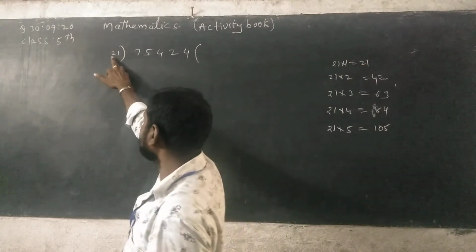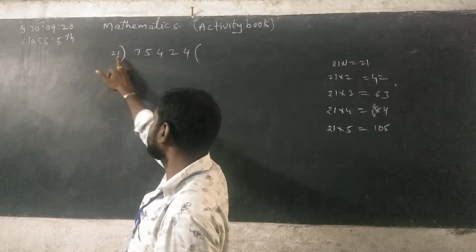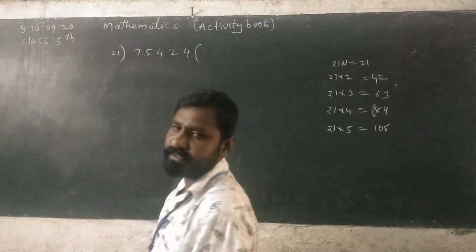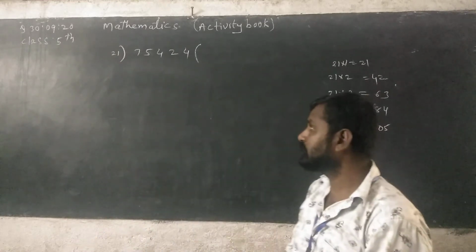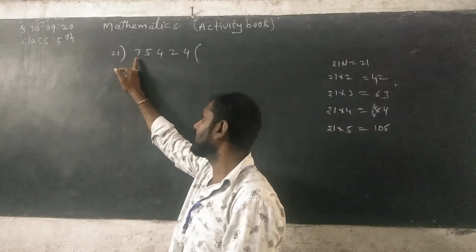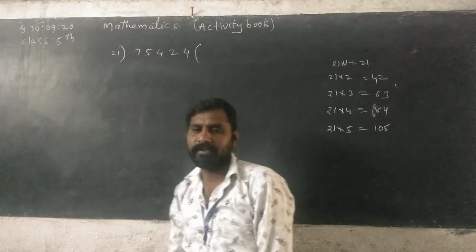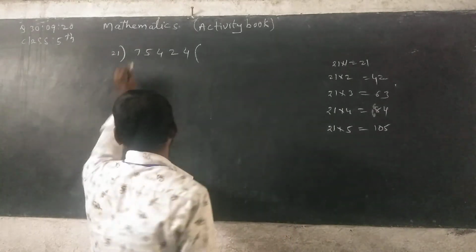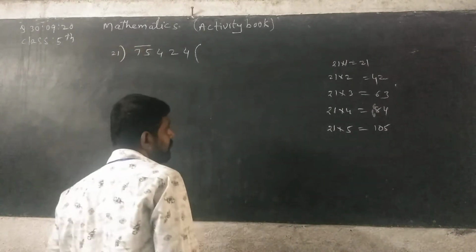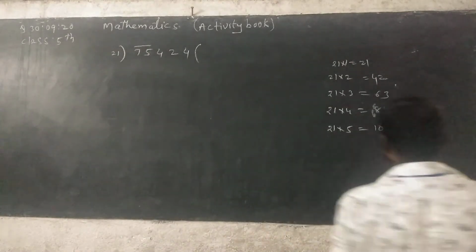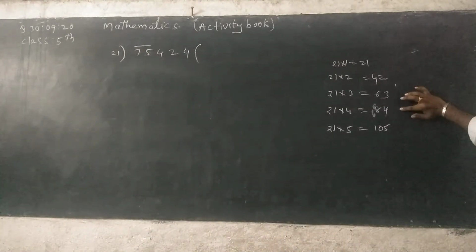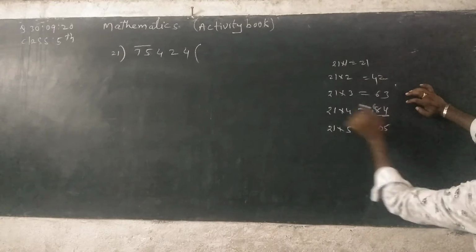So this is 21. From the left side we have to take 2 digits. If we take the first place 7, 7 is less than 21, it is not possible. Then you can take 2 digits from the left side, that is 75. See here where it is possible. 21 threes are 63, 21 fours are 84. 84 is more than 75.